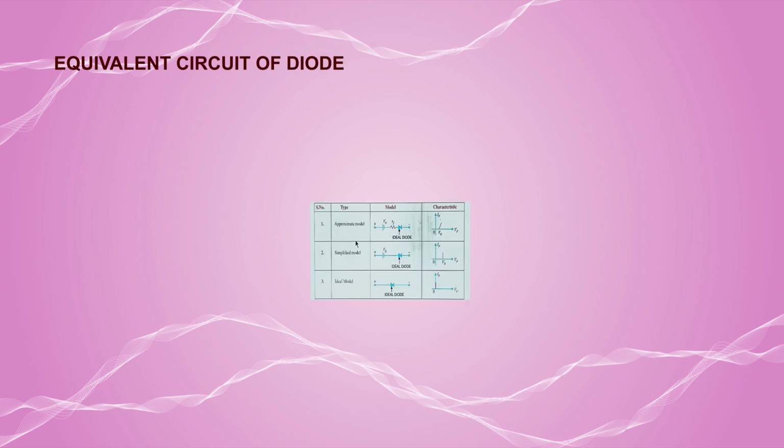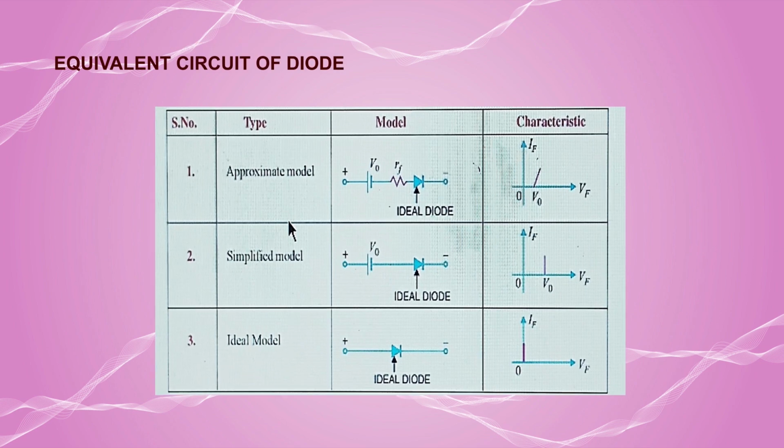Now, let us see the equivalent circuit of a diode. The diode can have 3 different types of circuits. First is the ideal model, second is the simplified model, and third is the approximate model. So, the diode can be explained through these 3 models.